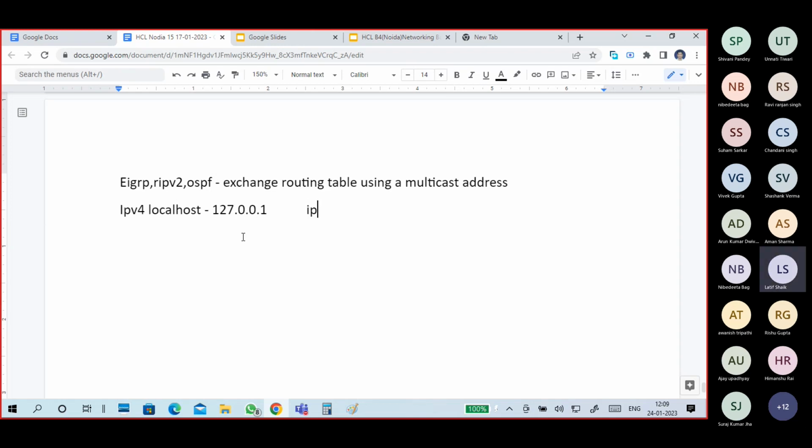Now in IPv6, it is written like this: ::1. What is the localhost in IPv4? Remember, guys, this is 127.0.0.1, and in IPv6 it is ::1.